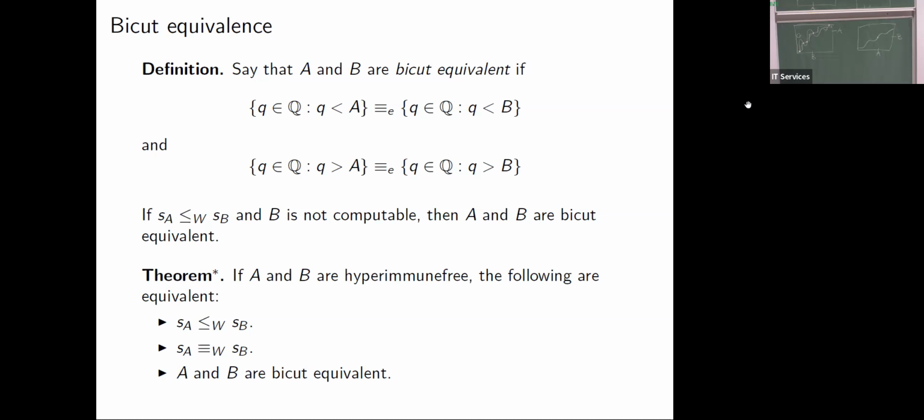So let me give, again, sort of a picture sketch of how you use the fact that two hyperimmune free reals are bicut equivalent in order to show that you can make reducibilities either way with the step functions.